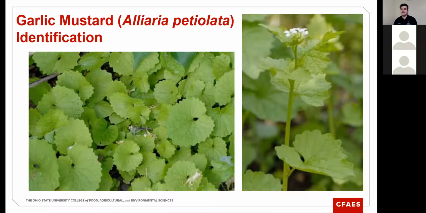When I was in college and we were learning weed ID and plant ID, one thing our professor said is, a lot of plants have a certain smell. So you can use smell to your advantage. There's certain plants that have a certain distinct smell. So when you're IDing and you're learning what these plants are, garlic mustard is one that you will never mistake once you smell it.